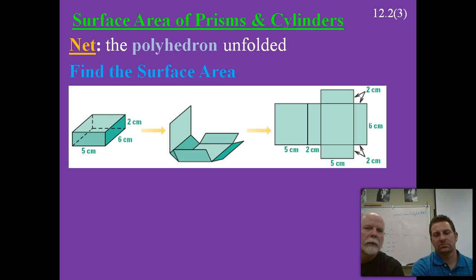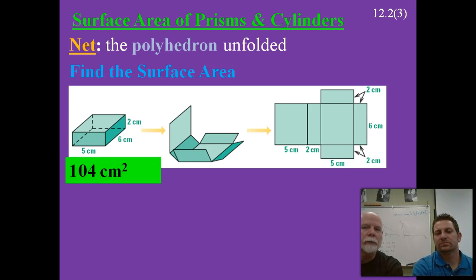The surface area of the box on the left is the same as all those rectangles inside the net. Sometimes it's hard for students to see that you have to do the front and back, the right and left walls, and the bottom and top. Maybe it's easier to flatten it out as a net and find the area of all those pieces. You just need to visualize which one goes where, and that they're really the same thing.